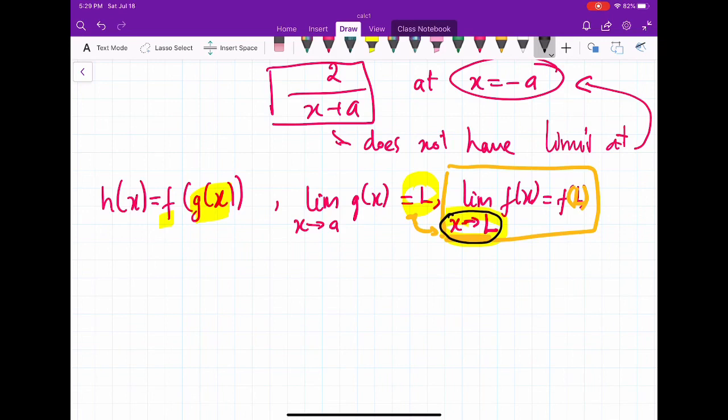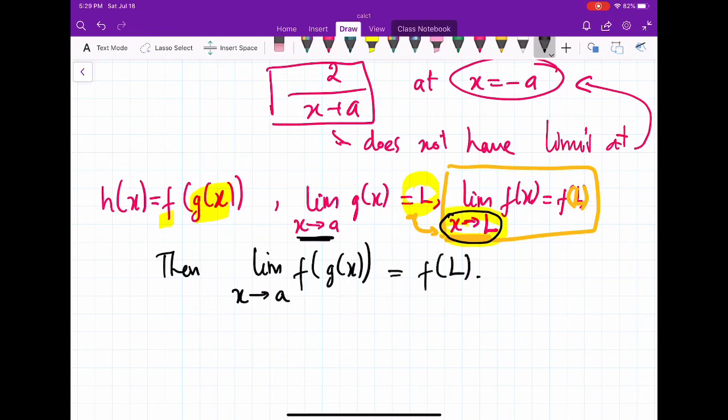If you have a finite number, perfect. So in this situation, the limit of f of g of x at a is just equal to f of L. So that is a good property for composite functions.